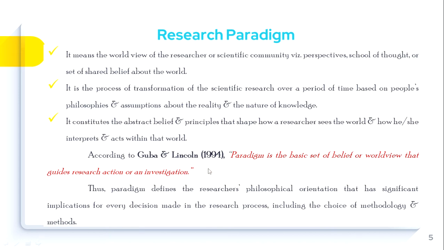Guba and Lincoln in 1994 stated that a paradigm is the basic set of beliefs or worldview that guides research actions or an investigation. Therefore, paradigms define the researcher's philosophical orientation that has significant implications for every decision made in the research process, including the choice of methodology and methods.